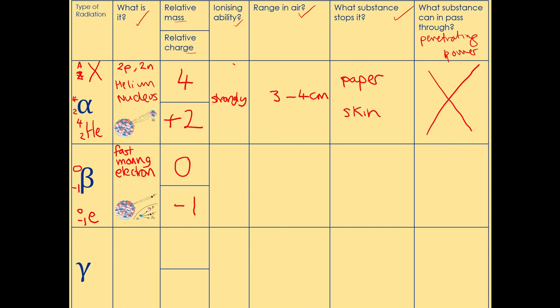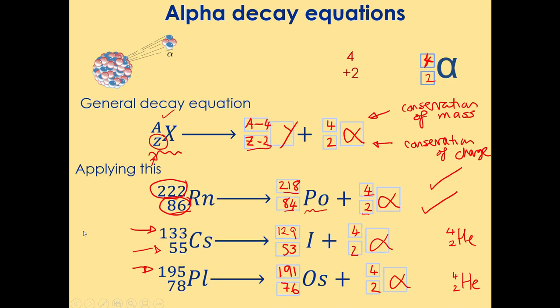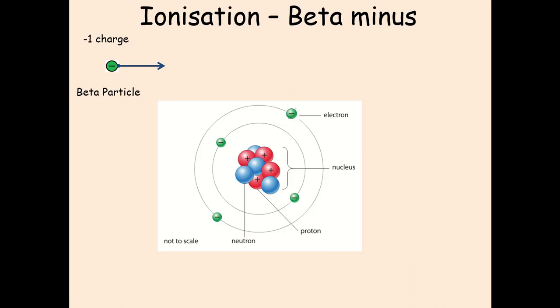The next thing that we need to do, exactly the same as we did, is to think about how ionizing beta is going to be, and again I've made a slide to help talk you through that. So how ionizing is beta? I've got my atom here, 4 protons and 4 electrons, so neutral to begin with, and I've got my beta up here with my -1 charge.